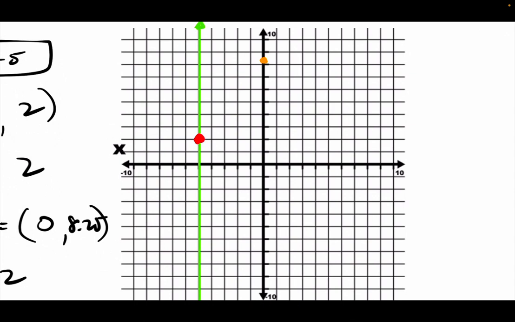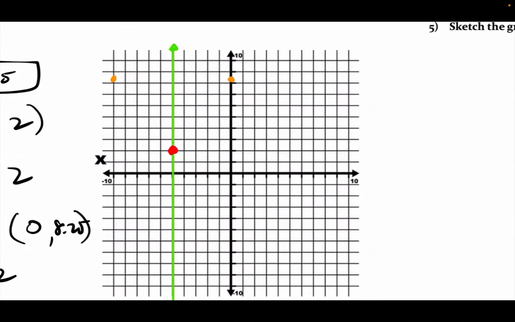Last thing before I draw the graph is got to reflect it. That orange dot is 1, 2, 3, 4, 5 away. So I got to go 5 away on the other side. 1, 2, 3, 4, 5. I'm going to make a dot, exact same spot on the other side. Connect the dots, you're done.